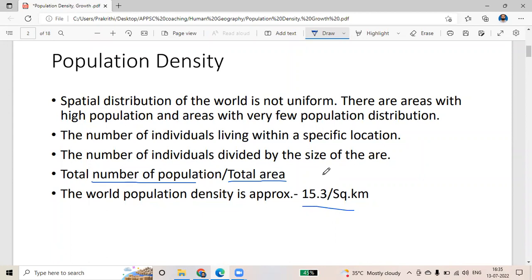So ज़्यादा population होने से ज़्यादा problem हो जाएगा. कम population होने से भी there is problem. Population is considered as one of the resource, so it should be optimal always. For proper growth of a place, the population should be optimum. It should not be less, it should not be more. For calculating that, this population density is a good measure.